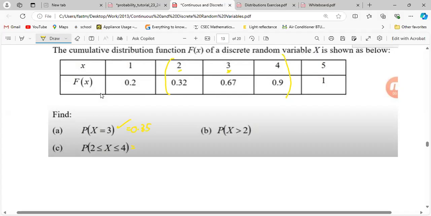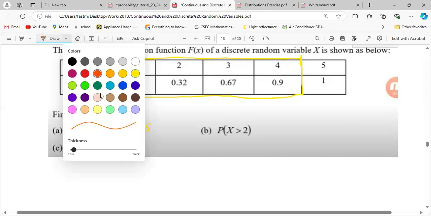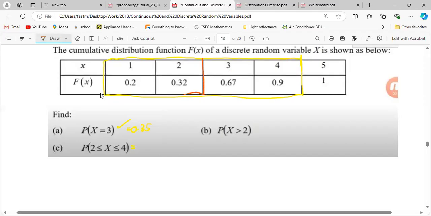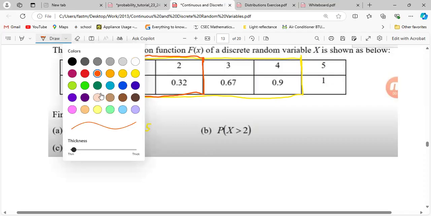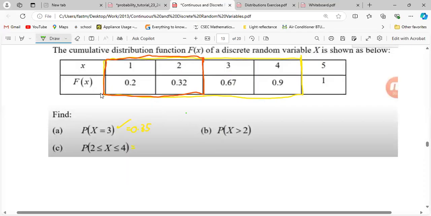Remember, this is already in the CDF form. Since it's already in the CDF form, f of 4 is everything less than or equal to 4. Everything less than or equal to 2 would be this. The answer should be the piece that remains, which is the piece in green.